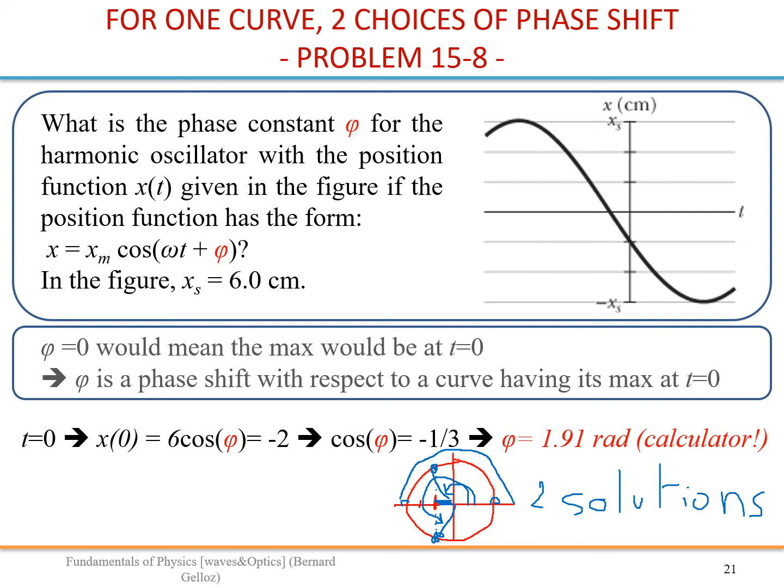For a sine function, it will give you a solution from -π/2 to π/2. Okay, but just one solution. So here the thing is, we have to decide which one is the right one. Is it this one or is it this one? So we are going to see how we can differentiate between these two solutions. Because the calculator can be wrong.